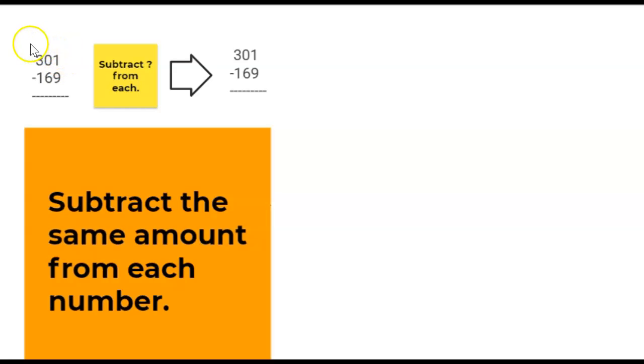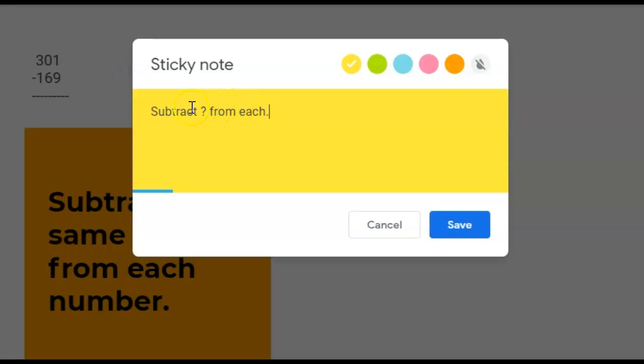So in the case of 301, I would rather think about it as a nice even number. So I'm going to go for 300. To get from 301 to 300, I just have to subtract 1. So I'm going to subtract 1 from 301 and from 169 because we have to change both numbers so the space between the numbers stays the same, like I showed you on the number line.